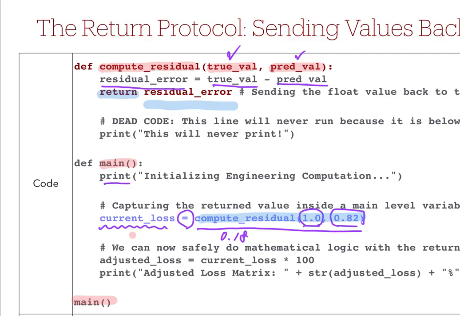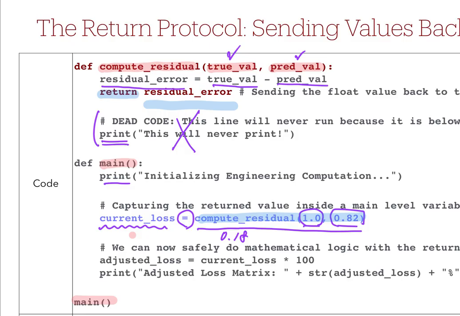And at that point, once this function returns the value, that function will be terminated. That function will be erased from the memory. It does not perform any statements following the return. So these statements will not be executed. So even when you call that function compute residual, this print line is not executed.